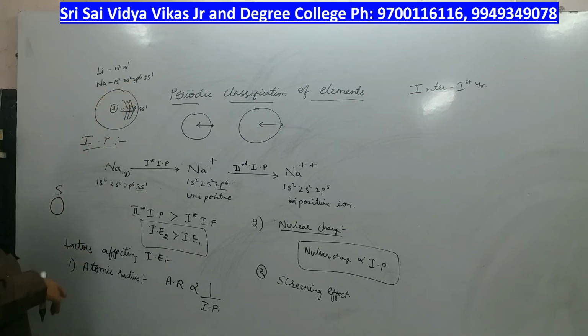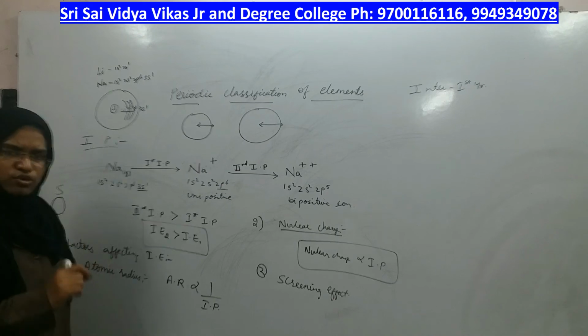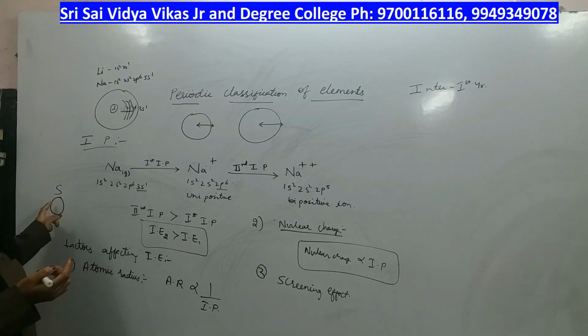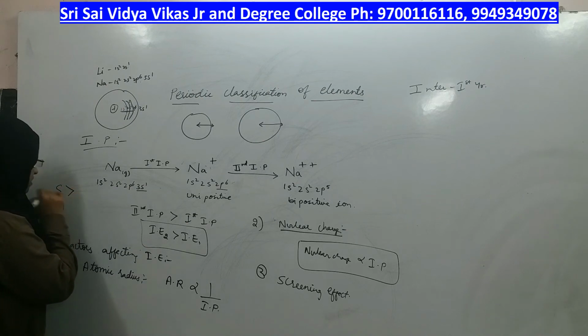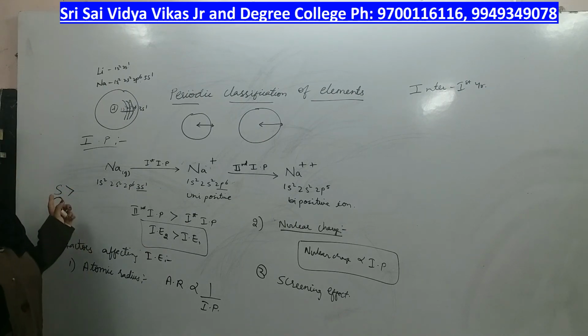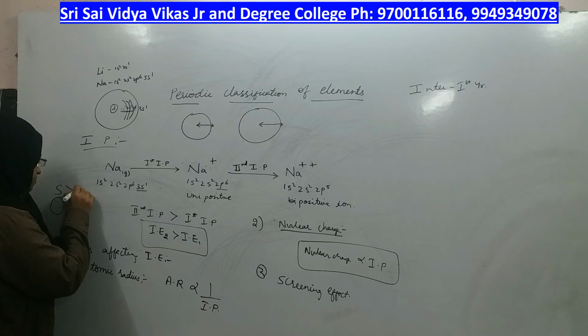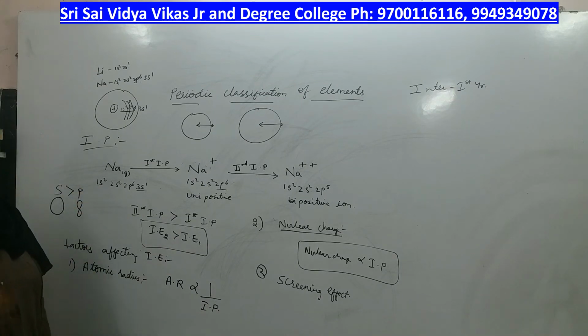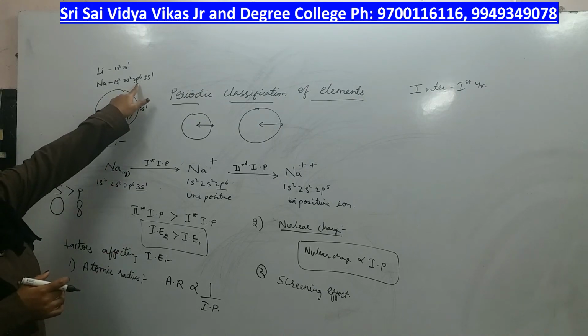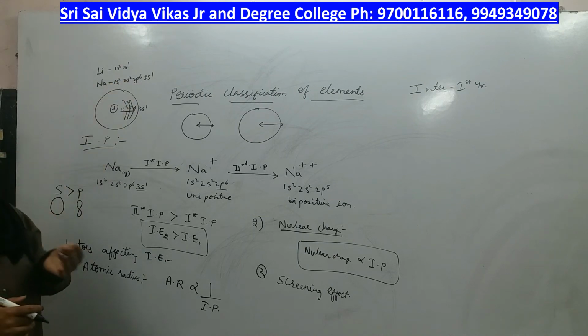If s electrons are near the nucleus, they will shield the nuclear charge more because their shape is spherical, and their shielding effect will be more compared to the p orbital. We know the shape of a p orbital is dumbbell, so the shielding effect provided by p orbitals will not be as much as that of s orbitals.